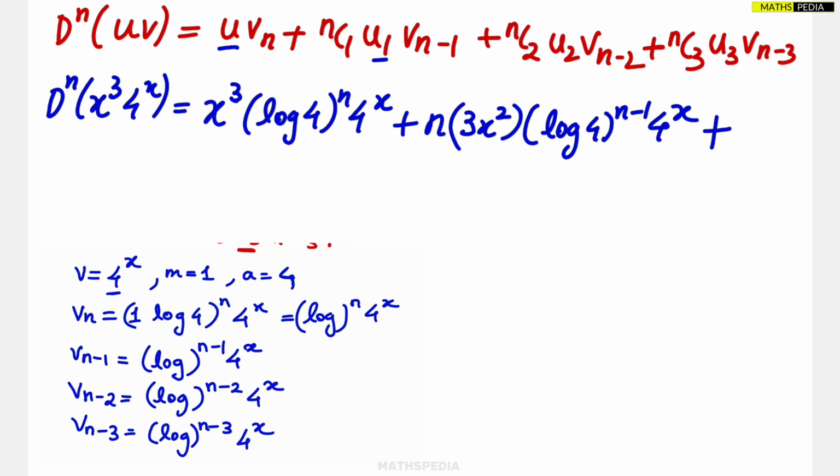nc2 we got as n into n minus 1 by 2 factorial, which is 2 into 1, into u2. What is u2?